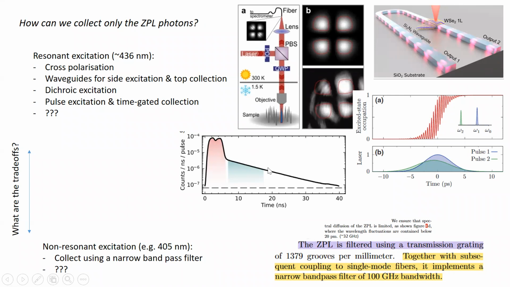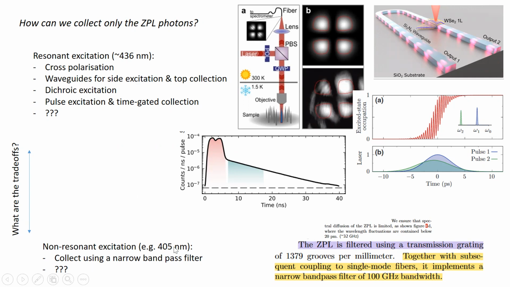The idea here is that the emitter has a much longer lifetime than the duration of your pulse. Also pretty tricky. So all these ones are difficult, but there's things you get using resonant that you don't get with non-resonant. Nevertheless, the way that they did it was non-resonantly.